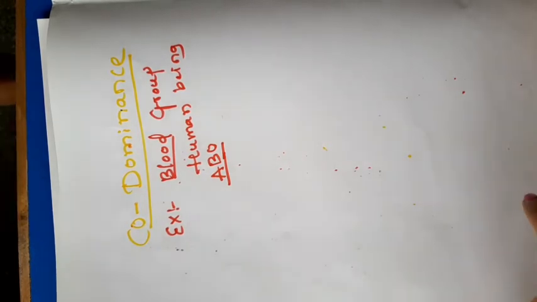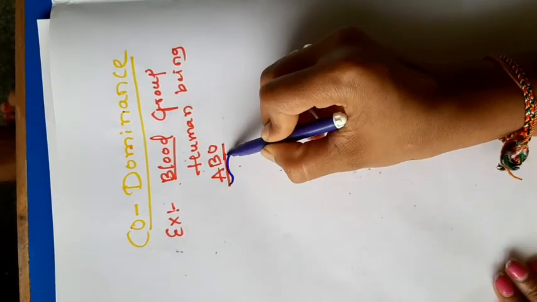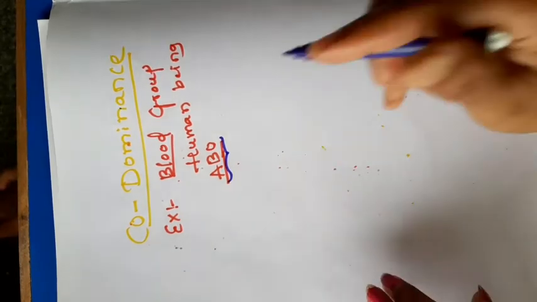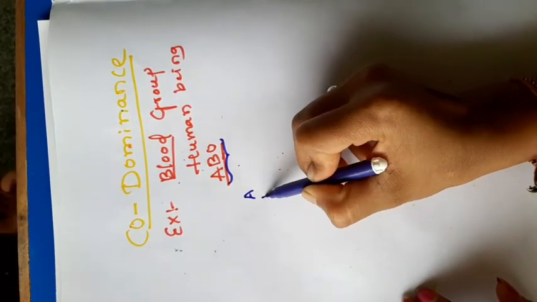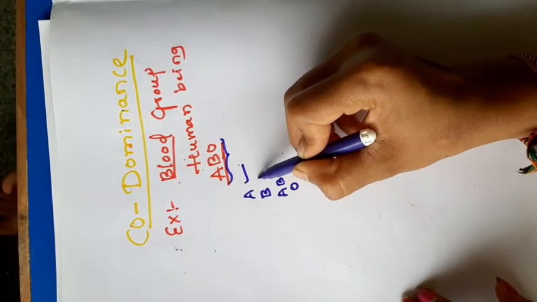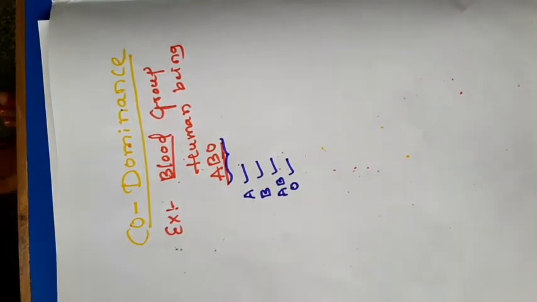Before starting the actual hybridization, first understand the types of blood groups present in humans. There are totally 4 types of blood groups: A, B, AB and O. These are the types of blood groups we can see in human beings.